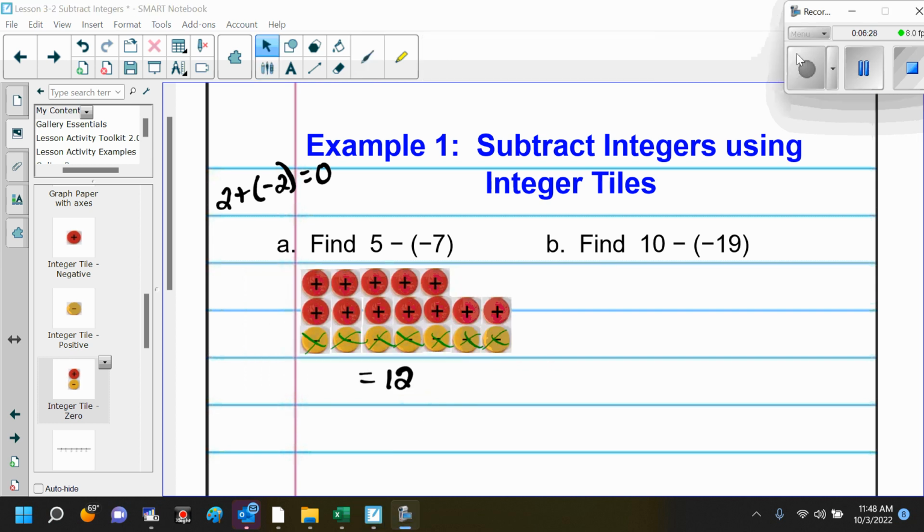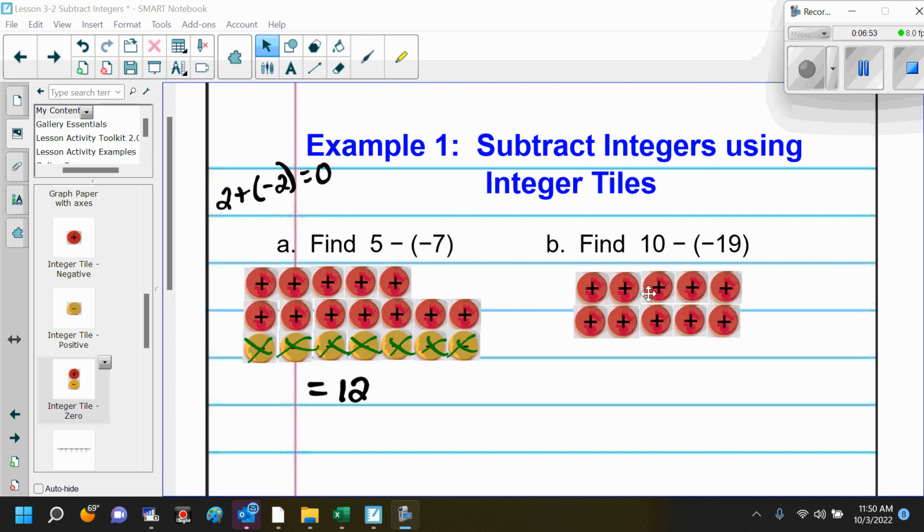All right, so again, except for this letter B, I'm not going to ask you to draw pictures all the time to get your answers. The reason we're doing these number tiles is so that you understand why the rule works. Now I want you to do letter B with your number tiles.